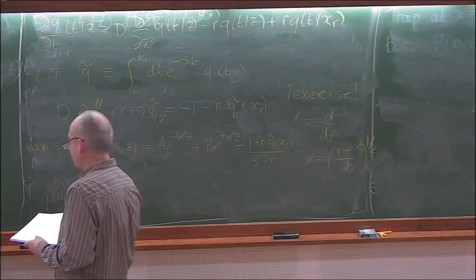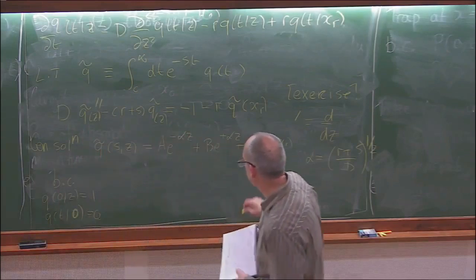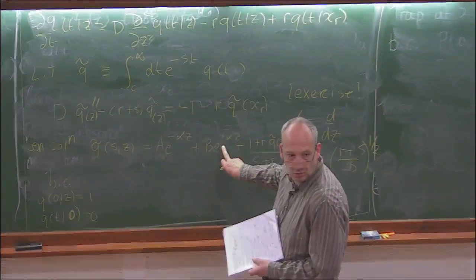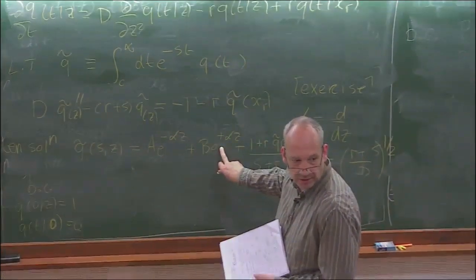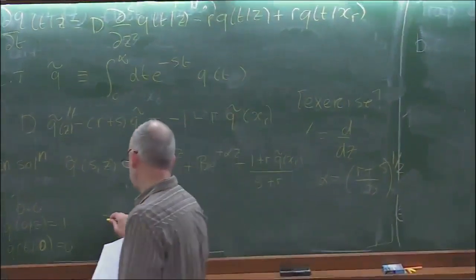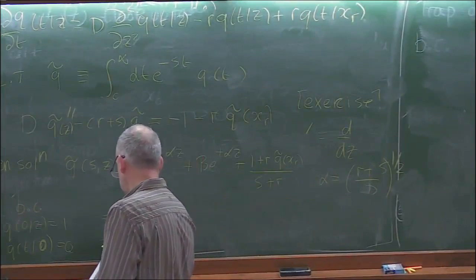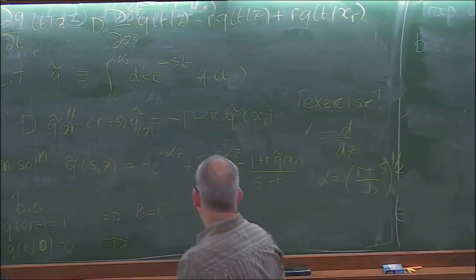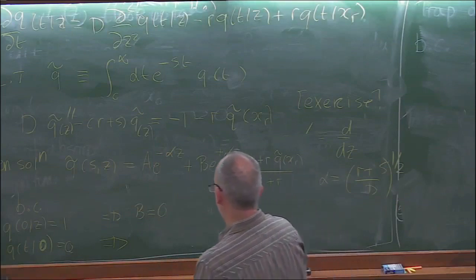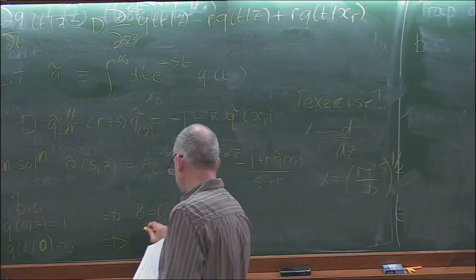So putting those two things in here, we have to lose this term because it would lead to an unbounded survival probability. So that implies B equals 0. And then A is simply minus that when z equals 0.